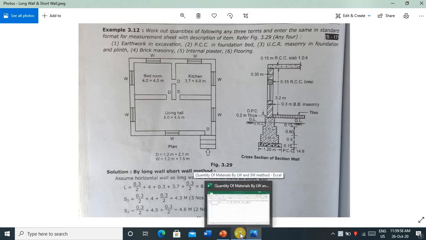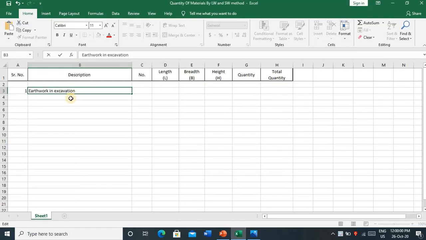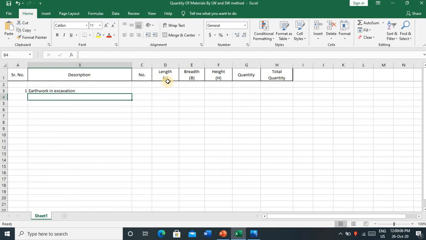So for this you need to calculate the long wall length of an item and write it in the section of length. Means you have to enter the length in this column by again calculating the length of an item. Okay, so for earthwork in excavation we have long wall length.